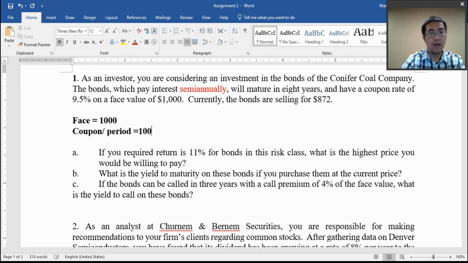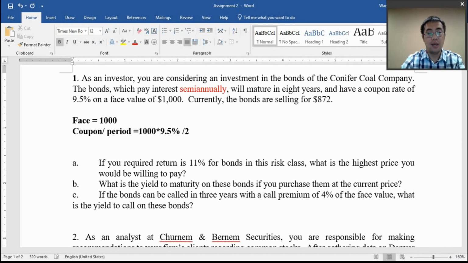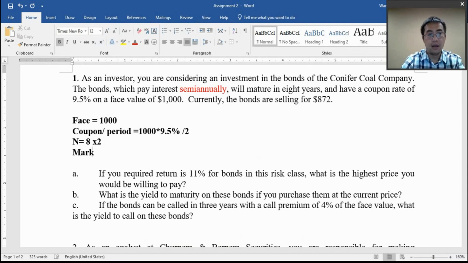It is $1,000 times the 9.5% coupon rate, and since this is a semi-annual bond, it has to be divided by 2 to get the periodic coupon payment. And then you have 8 years. That means you're going to have 8 times 2 semi-annual periods, so that's 16. And the current price of the bond is $872, and that is the market price.